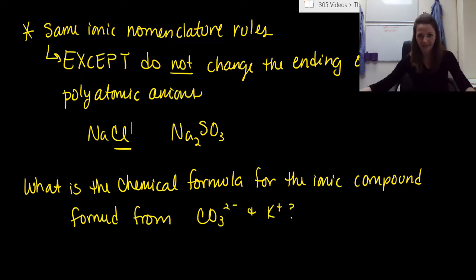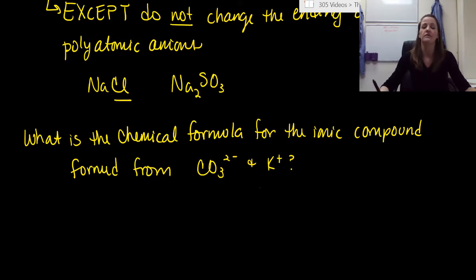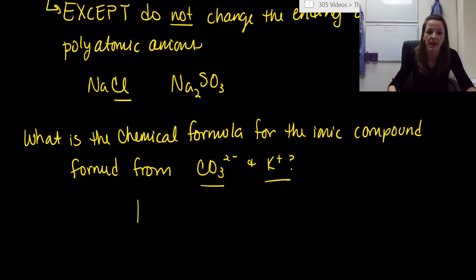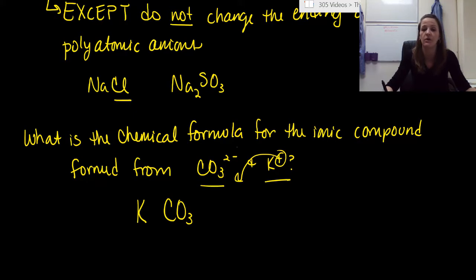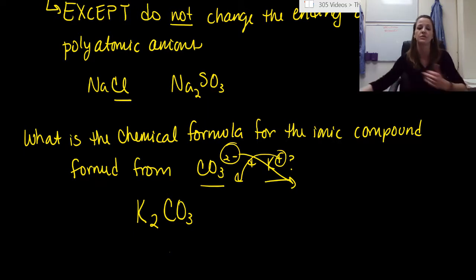Go. All right, did you get an answer? Hopefully you did. All you have to do is identify cation and anion. Your cation is going to go first, your anion goes next, and then you trade your charges. The plus we know doesn't mean anything because we don't ever write ones, and then the 2 minus we need to write down here. So our chemical formula for this species is K2CO3.